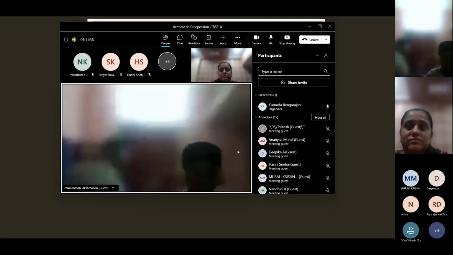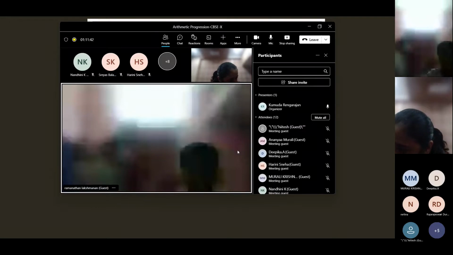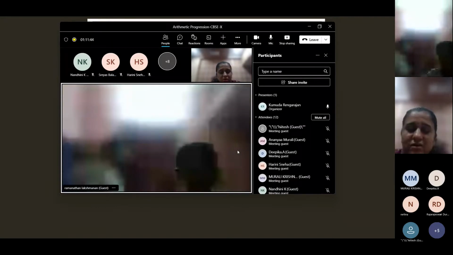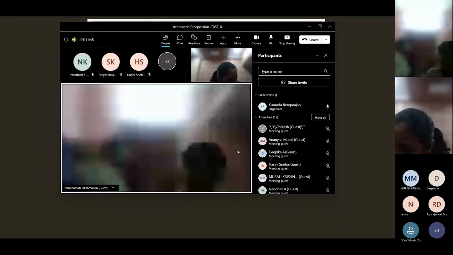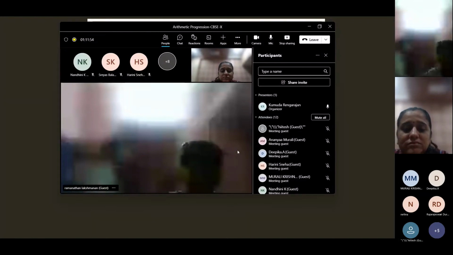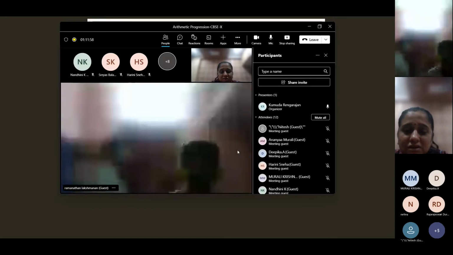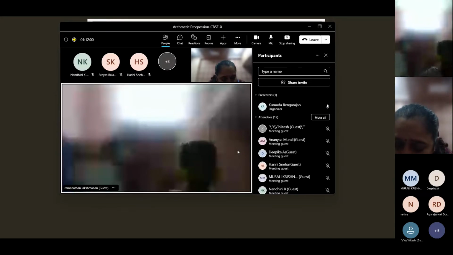5n square minus 5n minus 8n... 5n square minus 5n minus 800? No. Minus 80? No, simple 8, 8 only. 8 is equal to 0?